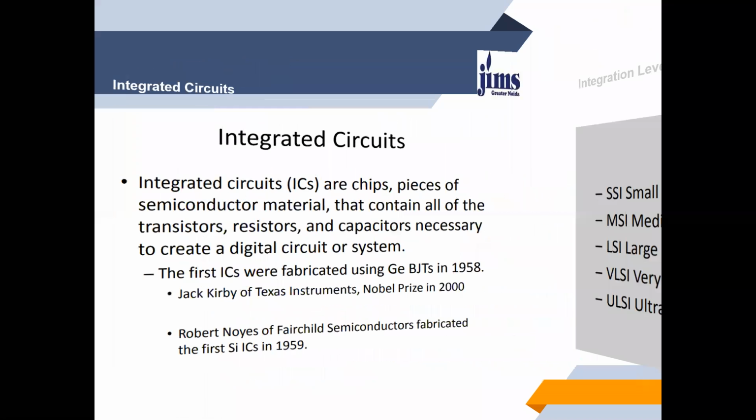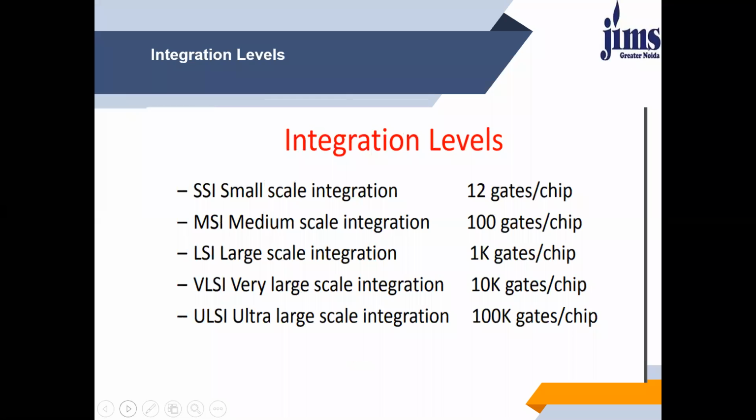Okay. So how many levels are there in integrated circuits? As I have told you, integrated circuits have lots of electrical circuits on a single chip. If we mount 12 gates on a chip, that will be known as SSI, small scale integration.